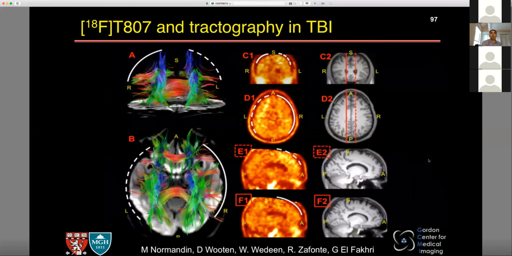And with PET-MR, I can look at tractography at the same time. I look at diffusion tensor imaging, so I can see both where tau is accumulating and what the impact is on white matter bundles. So here's white matter destruction in this area where I have uptake, and here's preserved white matter where I have no uptake. It's very valuable when I have both of them at the same time.